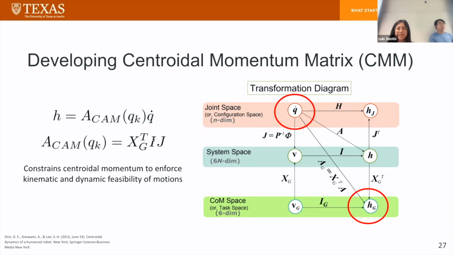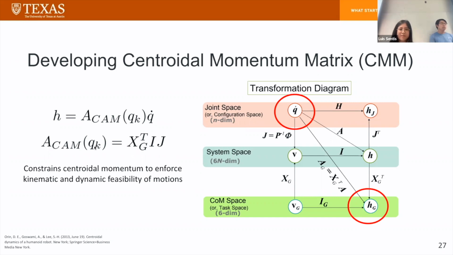What this does is it takes the inertias of all your links and transforms them into your center of mass. So you have this constraint for the angular momentum of the center of mass. This A_CAM matrix is the nonlinear part. It has a lot of transforms.